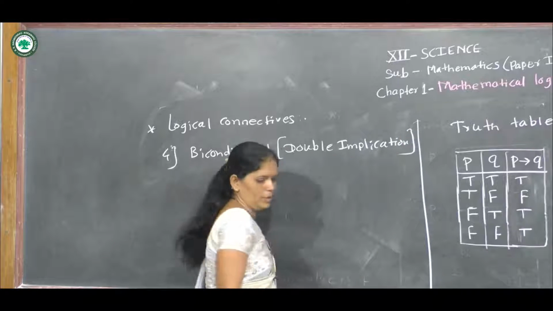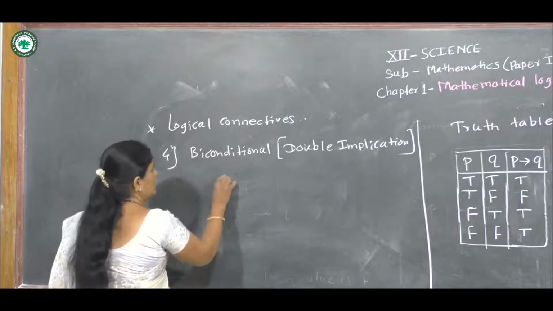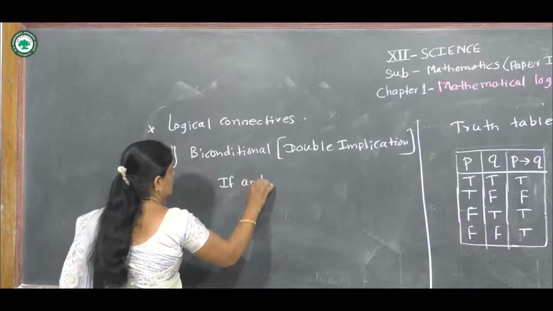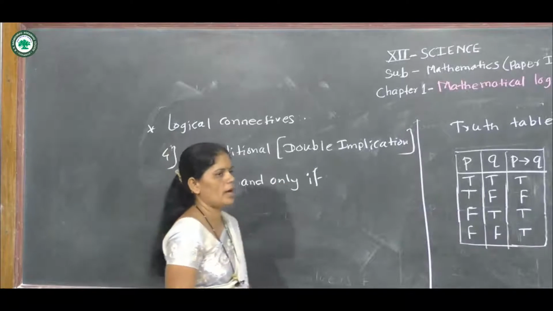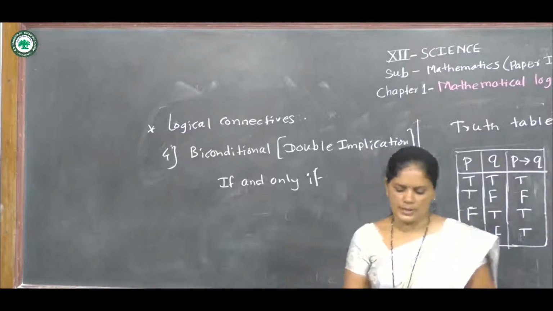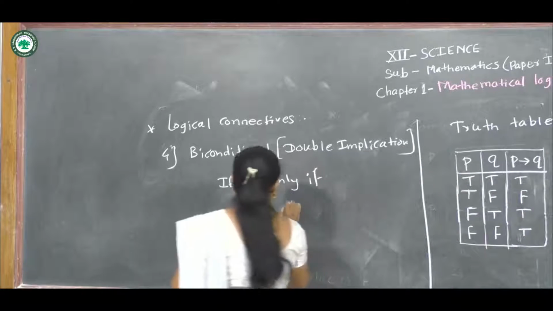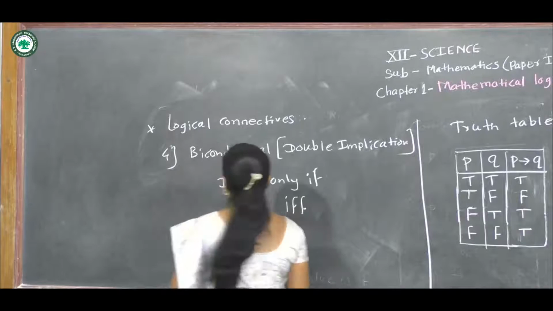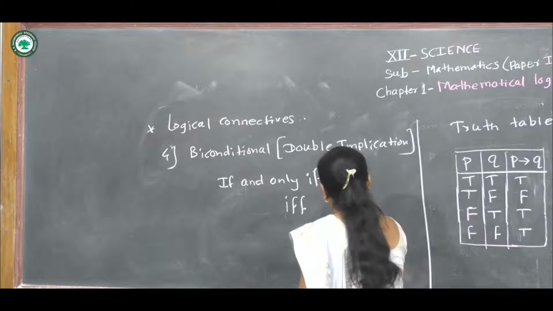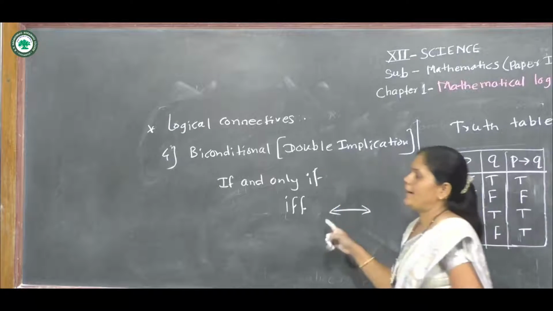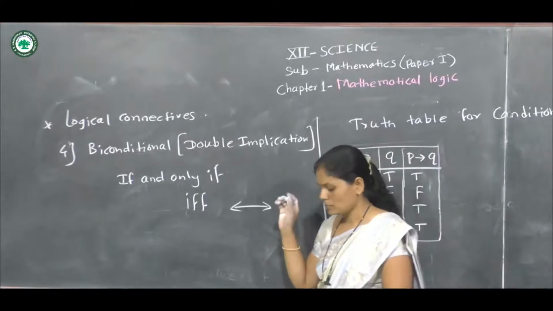Two statements combined using the words "if and only if" form a biconditional. The notation for double implication is the two-sided arrow.